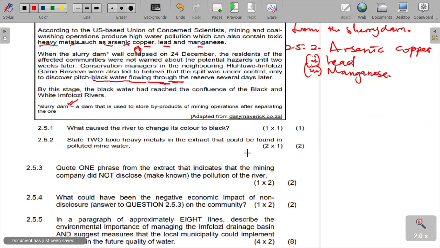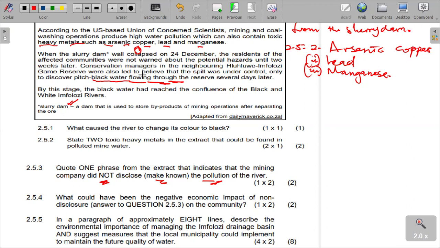Question 2.5.3: quote one phrase from the extract that indicates that the mining company did not disclose, did not make known the pollution of the rivers there. What shows that they did not disclose? We are saying that when the slurry dam collapsed, the residents of the affected communities were not warned about this.